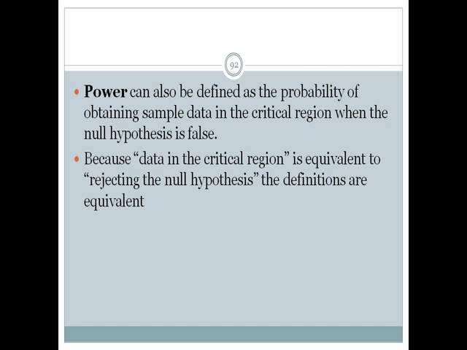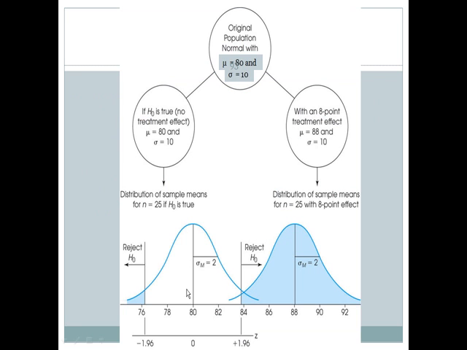Alright, let's look at this example of the different things that can happen with an original population. It's normally distributed, has a mean of 80 and a standard deviation of 10. If the null hypothesis is true, there's no treatment effect.